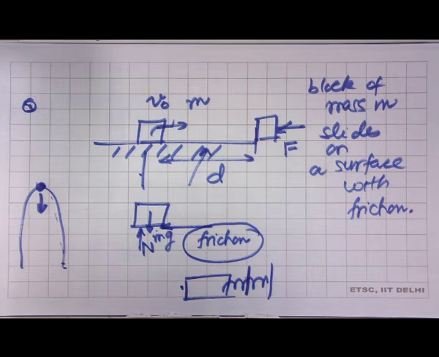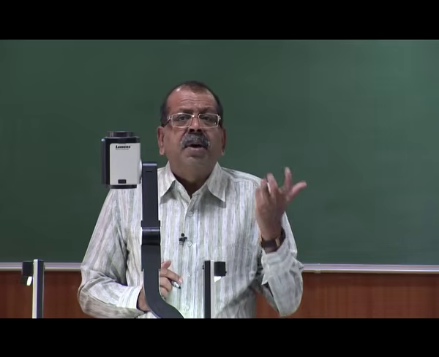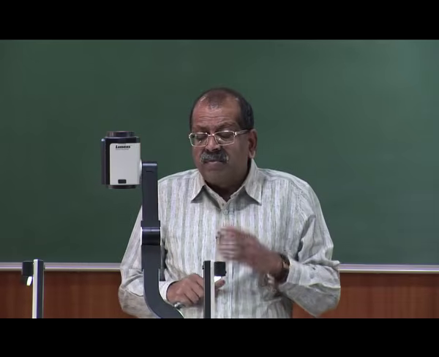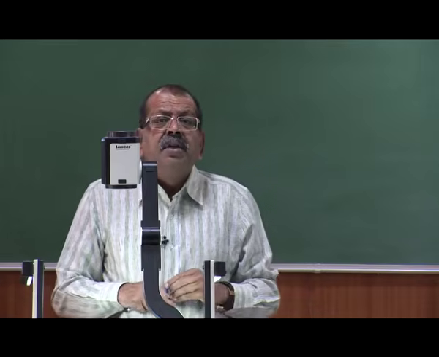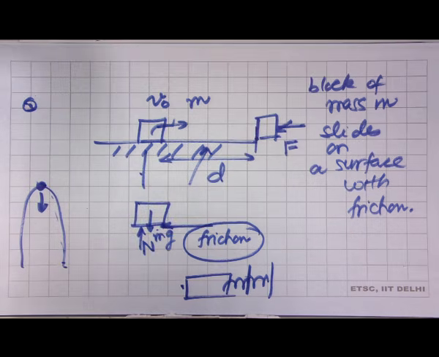So, in both the earlier cases, the work done by the spring and the work done by gravity in some sense stored some energy, whereas in the third case, the work done by the friction force, we cannot get back. What happens to this? This is some sort of an energy which gets dissipated.